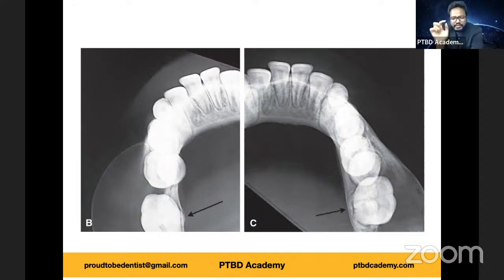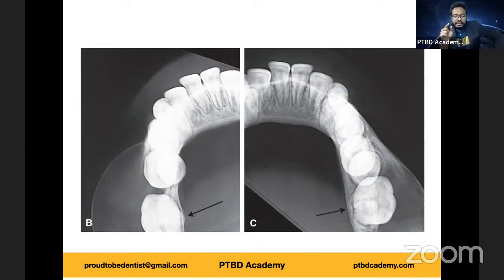Also, you can clearly see a bony expansion, a smooth expansion of the buccal cortical plate, in illustration B as well as in illustration C. And the arrows pointed out as given in White and Pharoah clearly indicate that the roots are tipping lingually because of tilting of the crown, in such a way that the occlusal surface tilts buccally and the root tips tilt lingually.